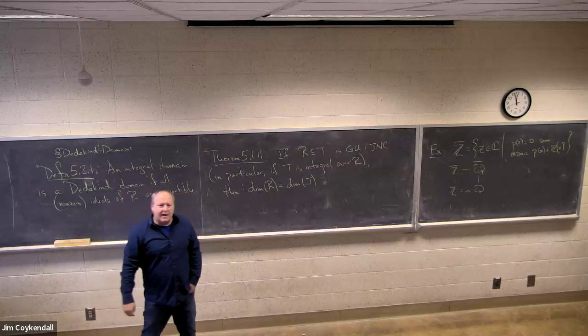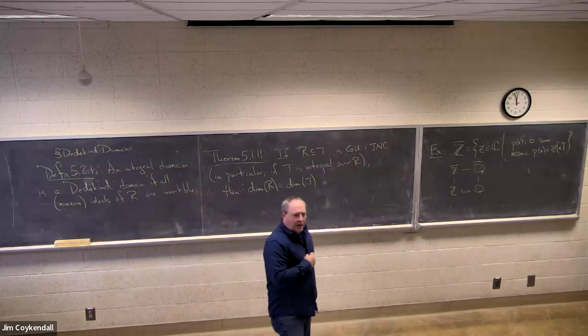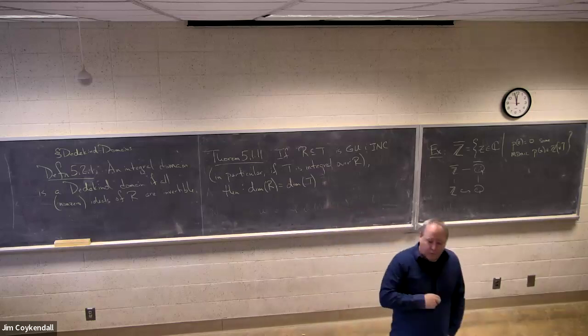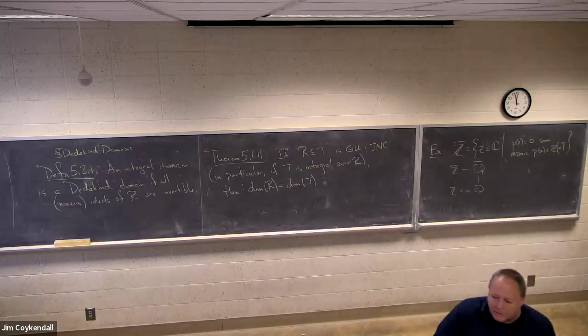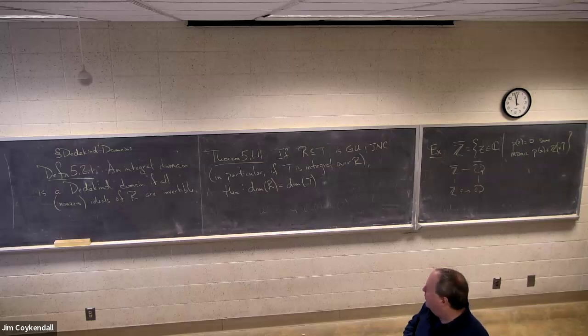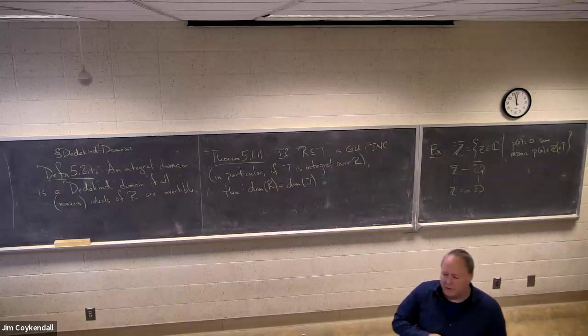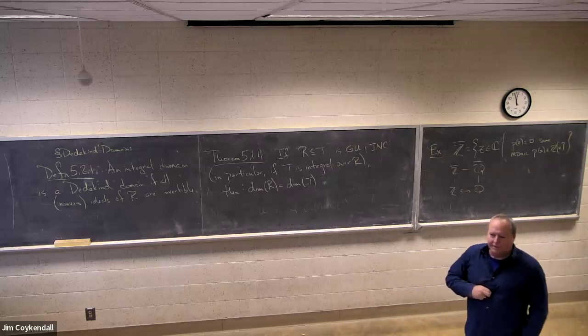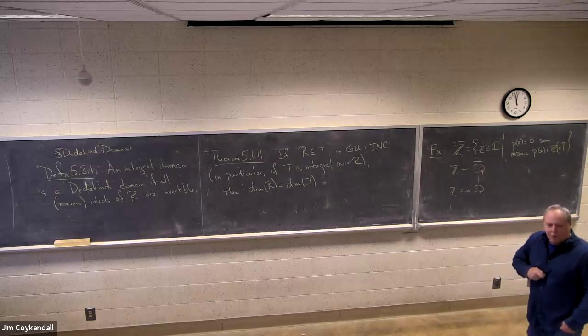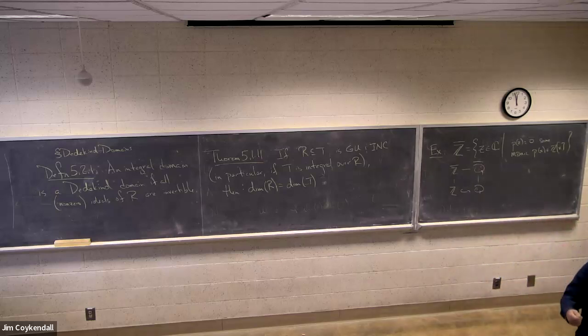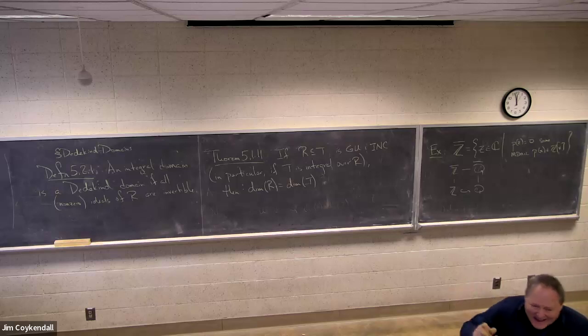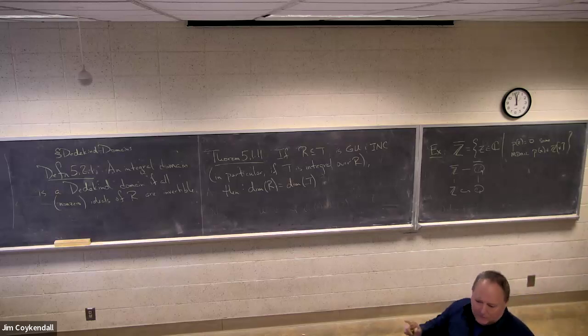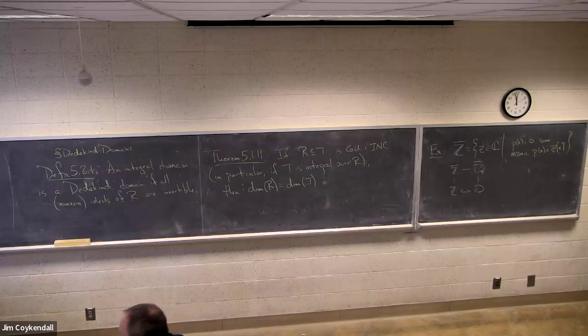So you can see that this ties in with Prüfer, right? One of our equivalent conditions for being a Prüfer domain is, does anybody remember what seems to relate to this most? Right. Prüfer domain means all finitely generated ideals of the domain are invertible. This one says every ideal, finitely generated or not, is invertible.